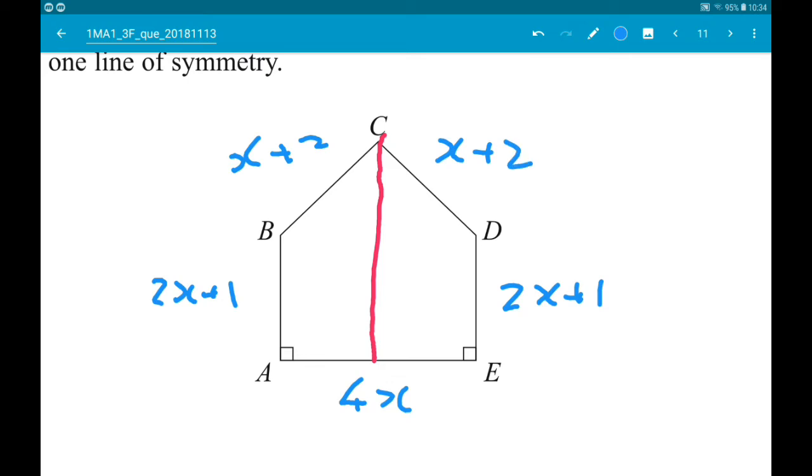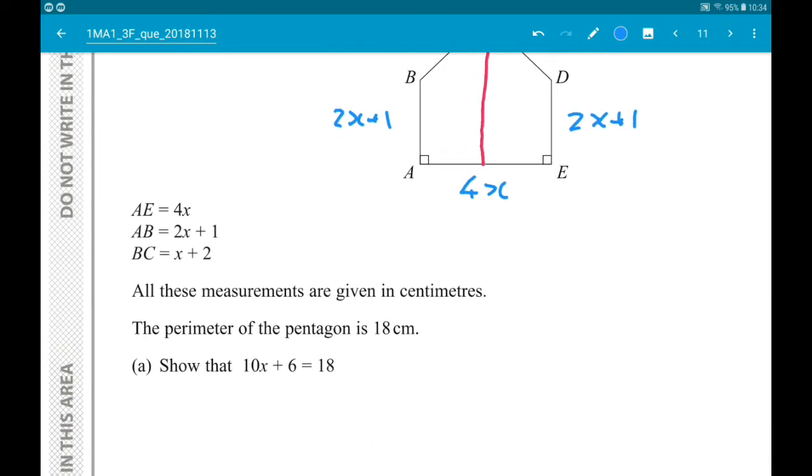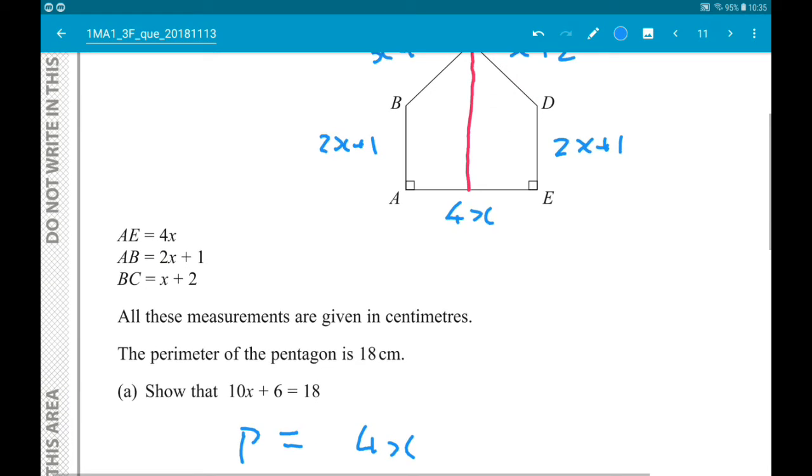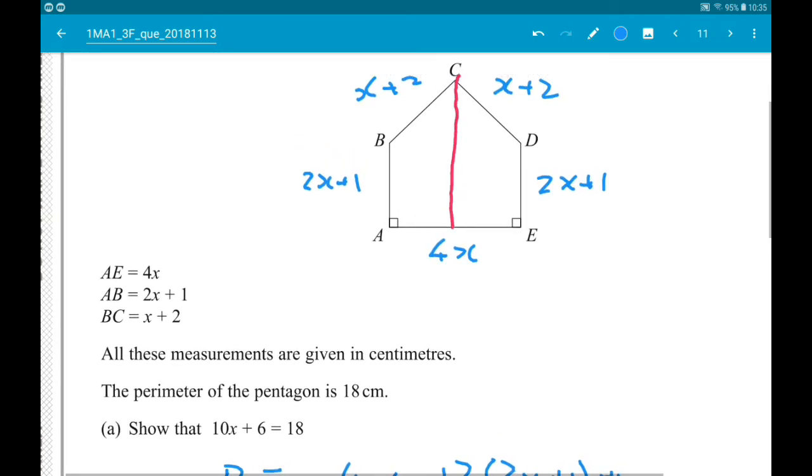Okay, so what we now need to do is find the perimeter in terms of x. So the perimeter in terms of x is going to be 4x add 2 lots of 2x add 1. Add 2 lots of x add 2.